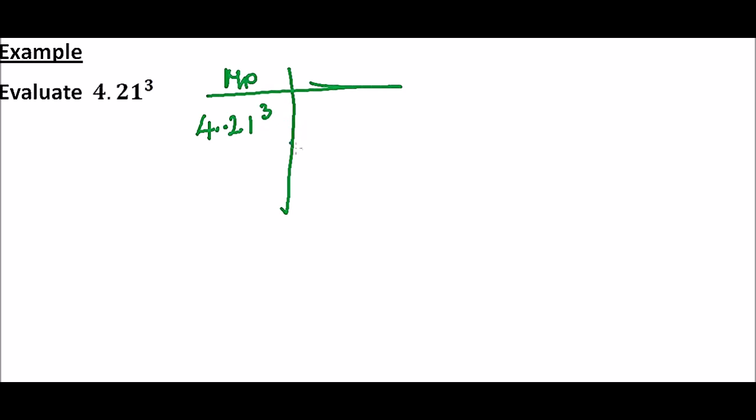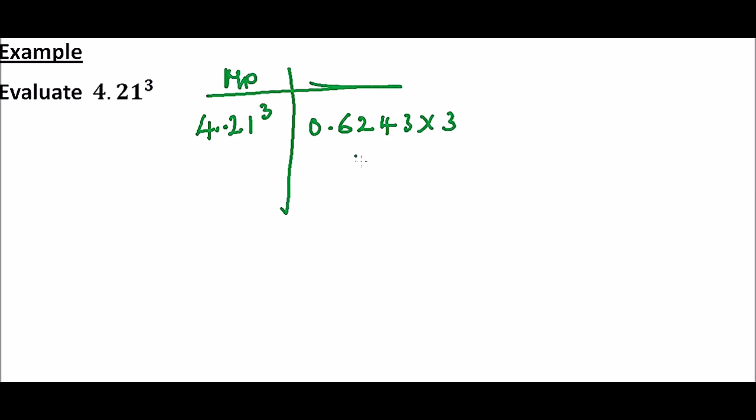So we get the logarithm of 4.21, which is 0.6243. Now because it is cubed, we just multiply by 3.